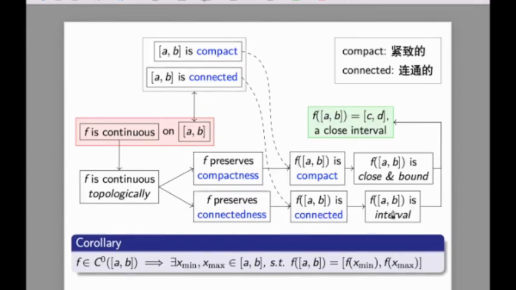Hence, it's a bounded closed interval CD. End of the proof. And a useful corollary is that a continuous map on a bounded closed interval can always realize the maximal and the minimal value. And we'll use it later.